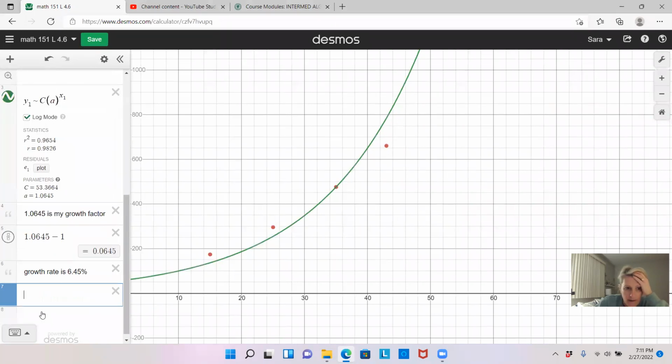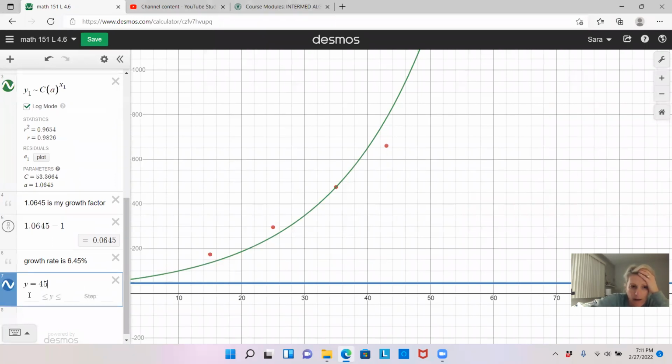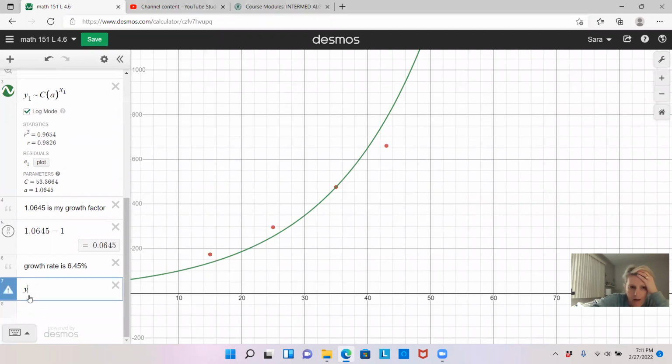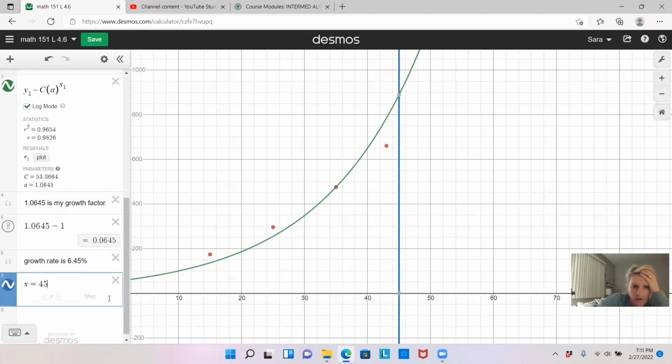The other way that's exact is if you just go to a new line in Desmos and say x equals 45. It will make a line there, and then you can just click on the dot, and it tells you that sales would be about $888 million in sales.